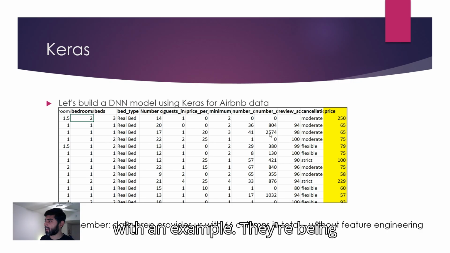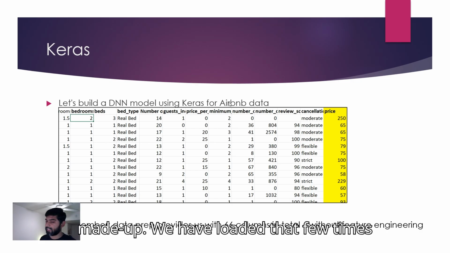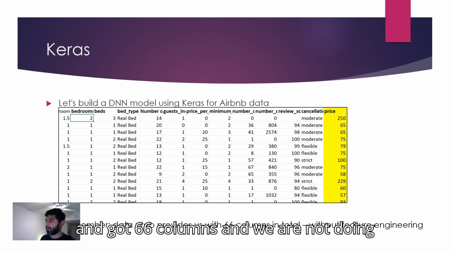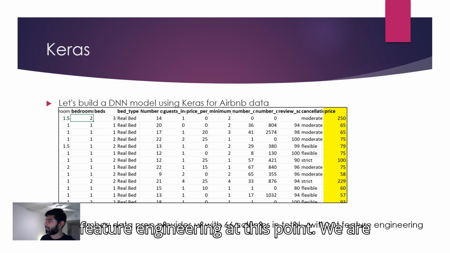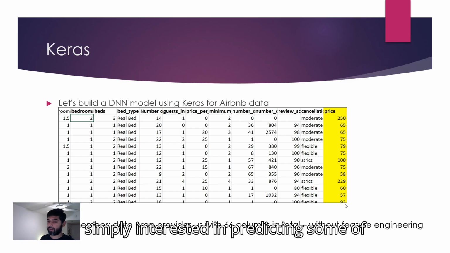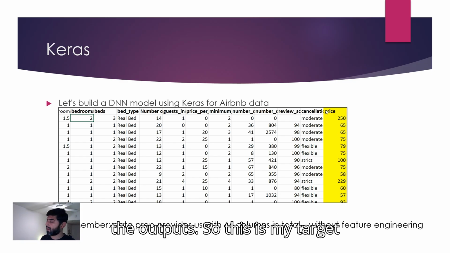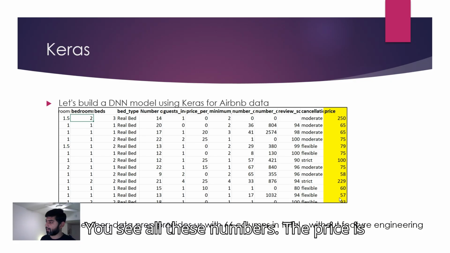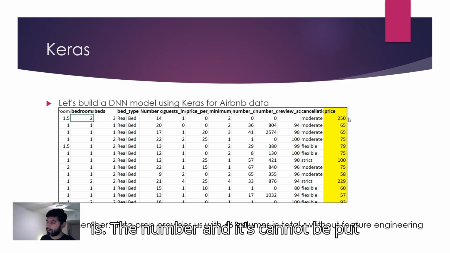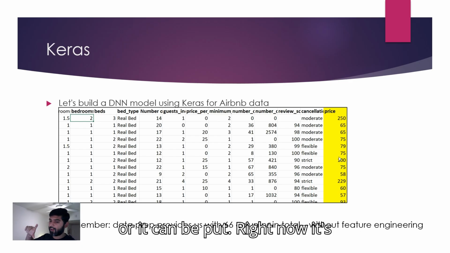All right, let's start with an example. It's Airbnb data. We have looked at it a few times. It has 66 columns, and we are not doing feature engineering at this point. We are simply interested in predicting some of the outputs. So this is my target variable, price. It's a regression task. The price is a number. It's not a classification task.